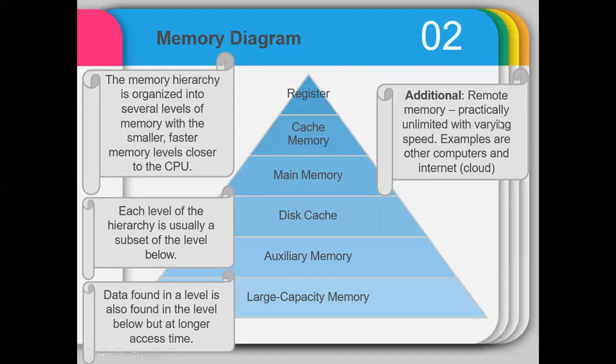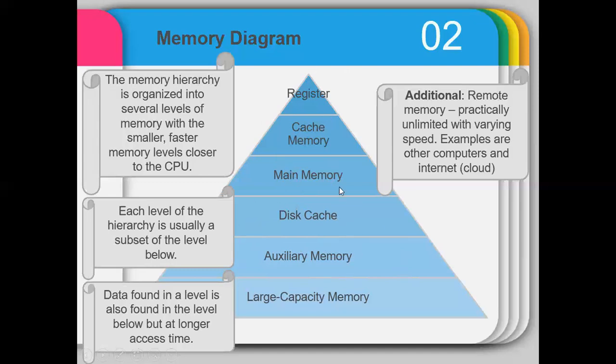Additional remote memory is practically unlimited with varying speed. Examples are other computers and internet clouds. Now, diskette and auxiliary memory, these two memories are usually subsets of the lower levels when compared to these three. They contain large storage but are slower in access time.